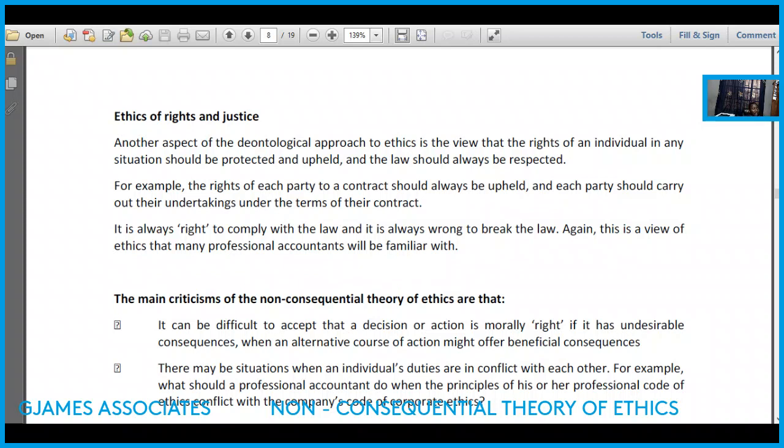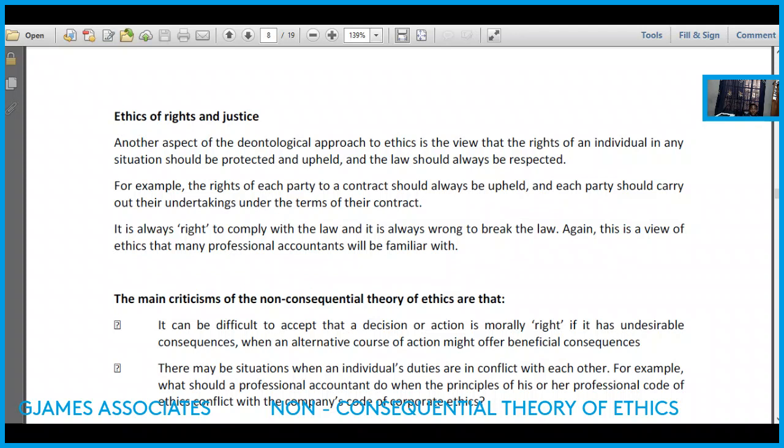So the justice system actually is strongly based on non-consequential theory of ethics. A judge, because he or she has a duty to judge, even though he or she is going to restrict the freedom of a person by putting him or her into jail.